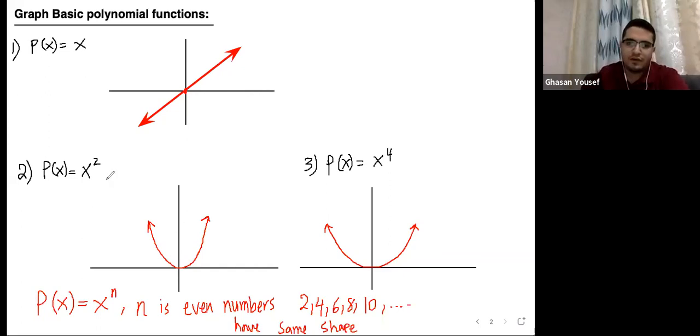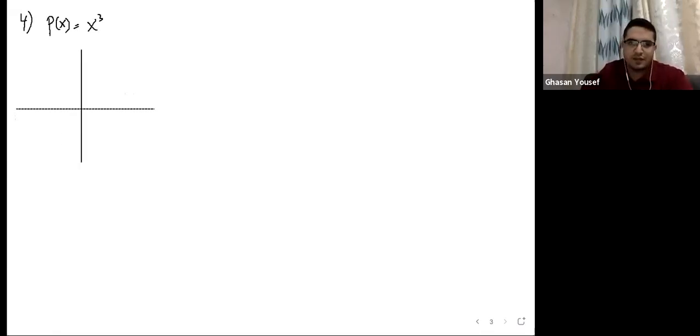Now, for x to the power 3, if I would like to graph the function, here number 4, b of x equal x to the power 3, we have to know the graph of this one because it's a review. The graph of this function looks like this.